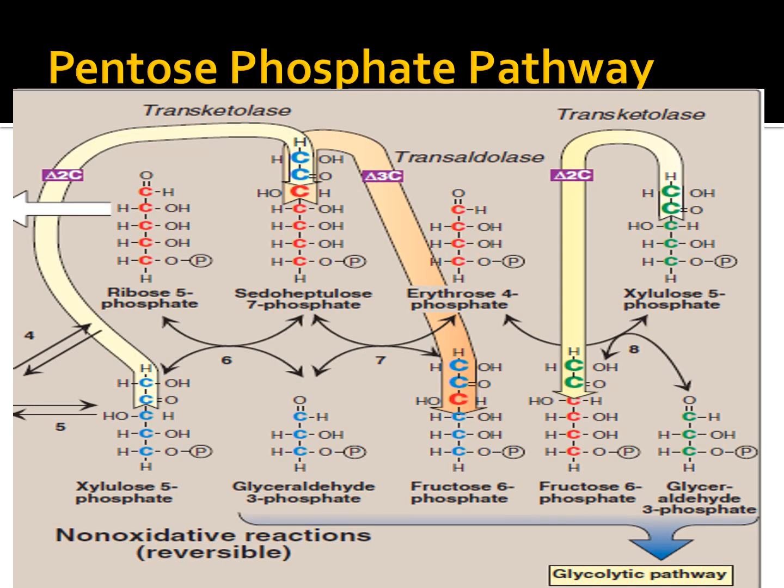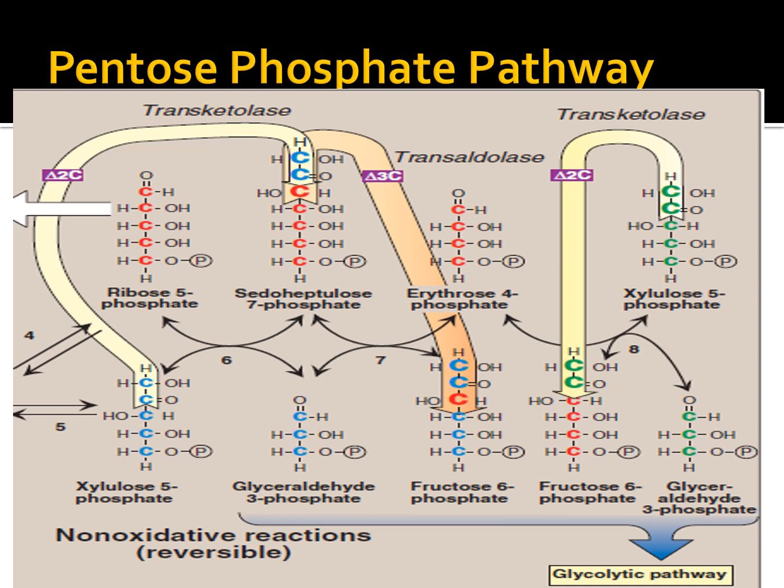Then it would be followed by your non-oxidative reactions, which are all reversible. Your ribose 5-phosphate would be transformed into sedoheptulose 7-phosphate. Then your erythrose 4-phosphate. Then your xylulose 5-phosphate.